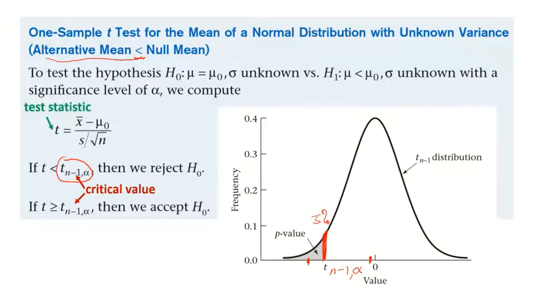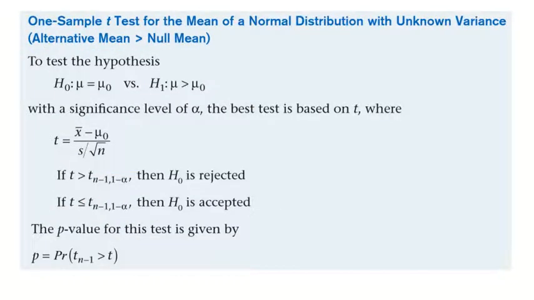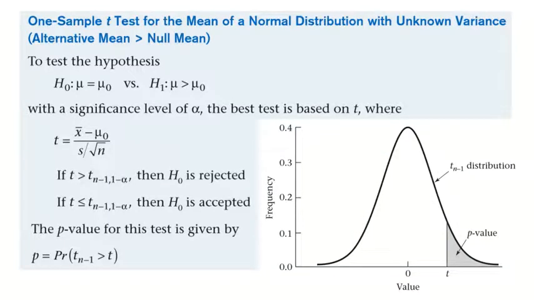Now the opposite will be true if your alternative hypothesis is the greater than symbol. This is still one-tailed, but this time our critical value will be t with n minus 1 degrees of freedom, and the percentile becomes the 1 minus alpha percentile, or this border here.